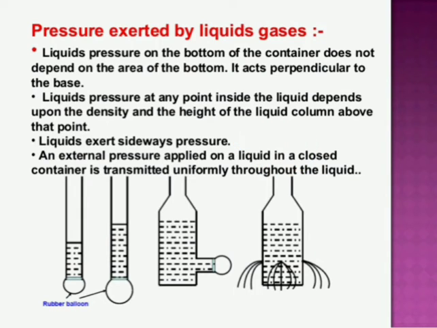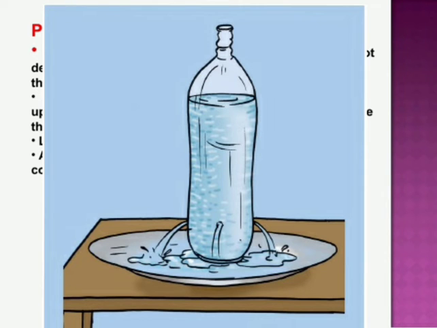Now, the third important concept that you have to learn is that liquid exerts equal pressure at the same depth. Let us understand this concept with the help of one activity. Take an empty plastic bottle or a cylindrical container. You can take a used tin can or a used plastic bottle. Drill 4 holes all around near the bottom of the bottle.